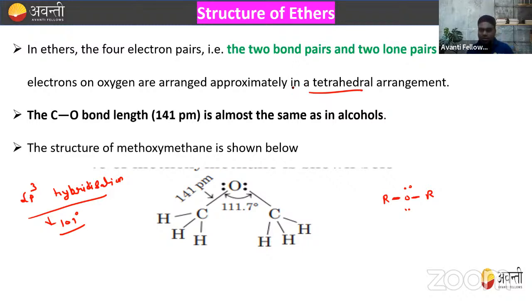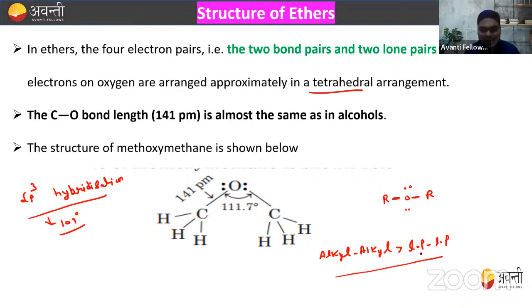So it is due to the bulky groups, right? In VSEPR theory, we study that due to the lone pair the angle reduces, right? But what is the correct order for the repulsion? We know that alkyl repulsion dominates over lone pair repulsion. Always remember this.